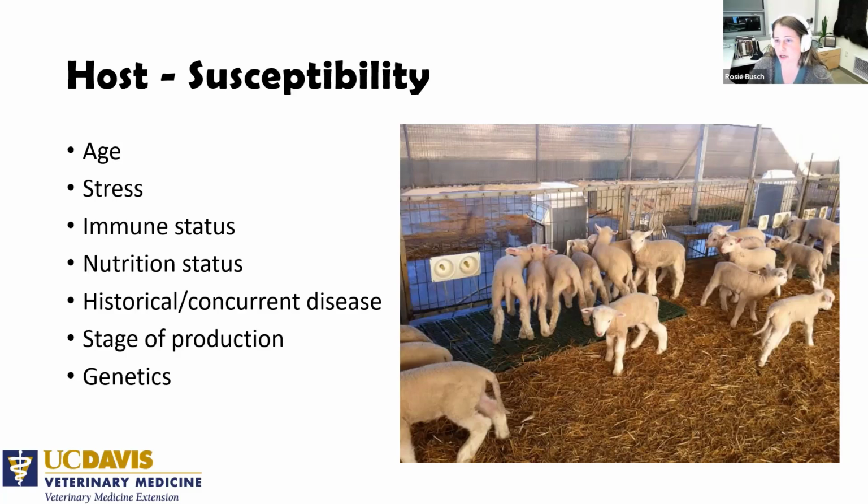And then stage of production. If you have pregnant animals, they may be more prone to certain diseases, or lactating animals, and then what their genetics are. Between breeds, or even within a breed, you can have a lot of variability in host susceptibility to certain diseases.